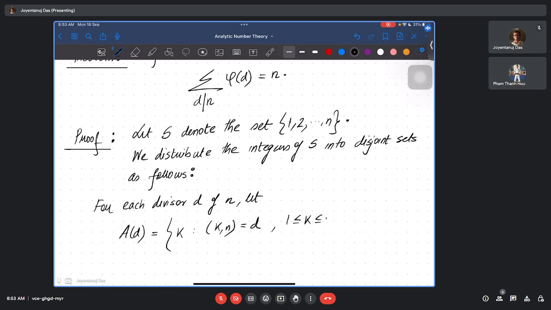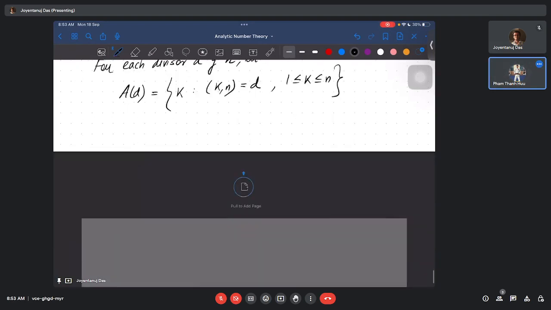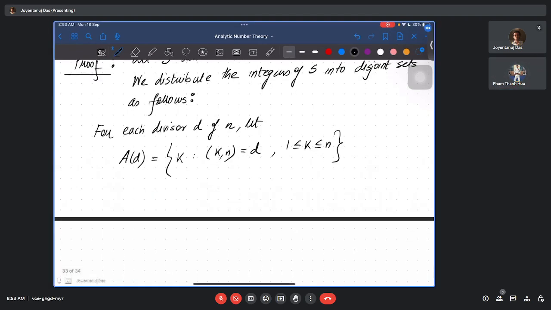So this is the set, right? We are taking all the integers such that the GCD of k and n is exactly d. Right, so d is a divisor of n.